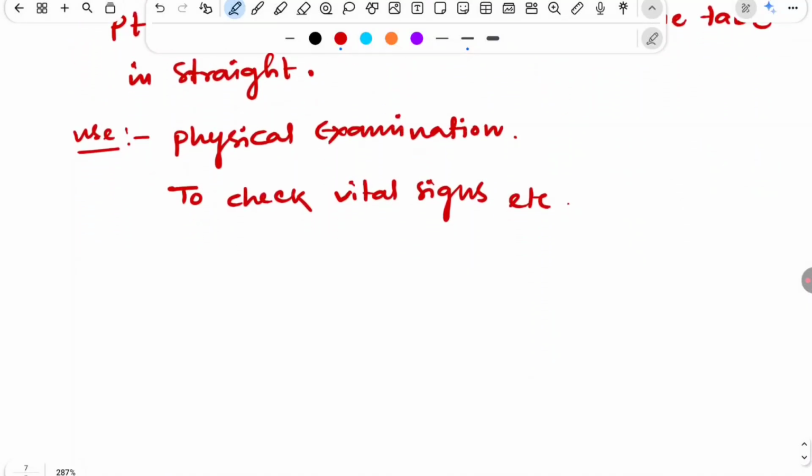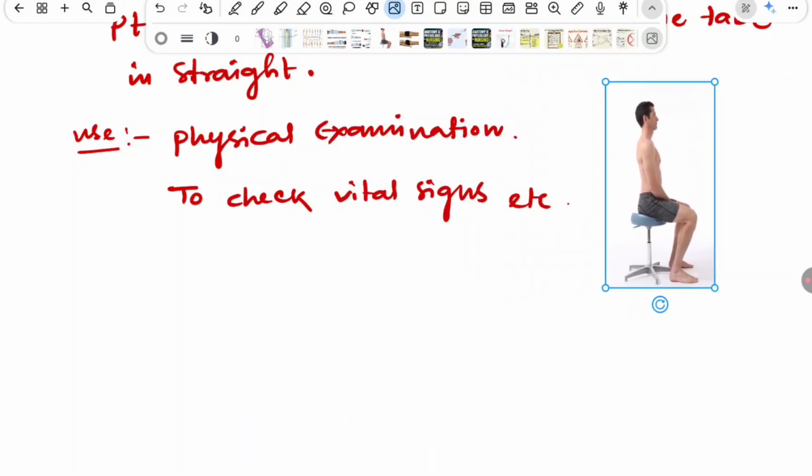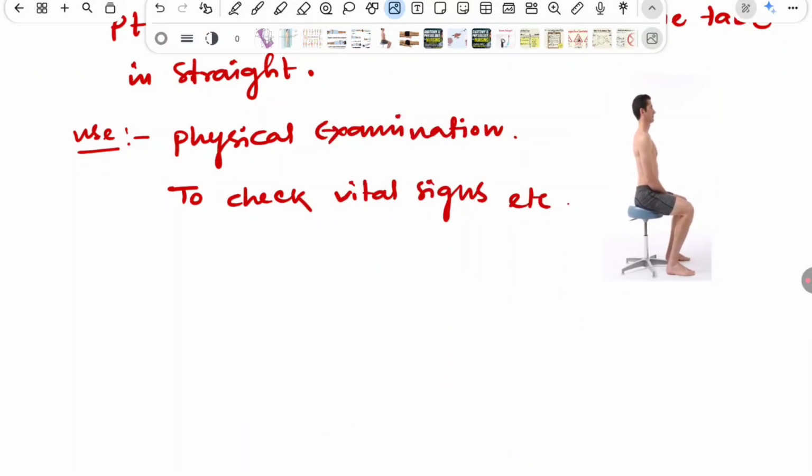I am having pictures also. See, this is upright position. Normally we can tell one person to sit normally, and we can do physical examination, we can do vital signs also by this.